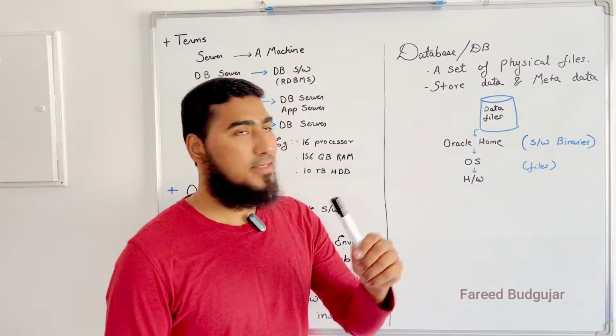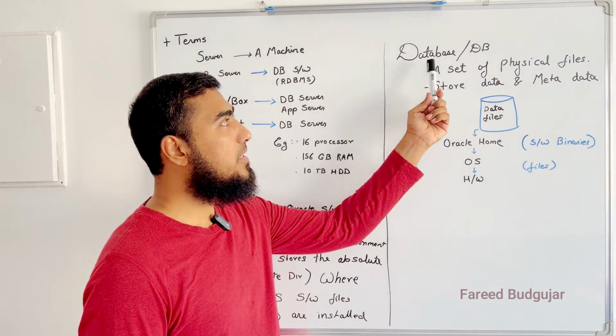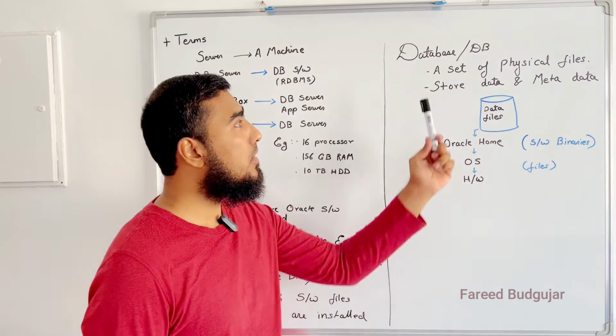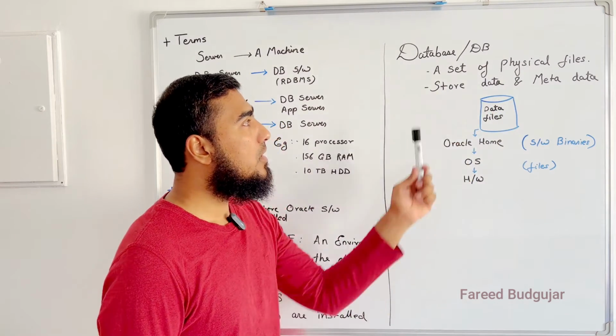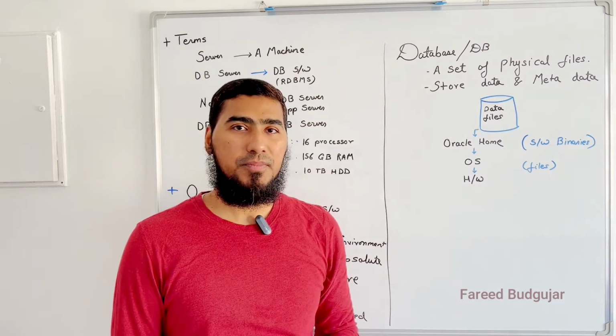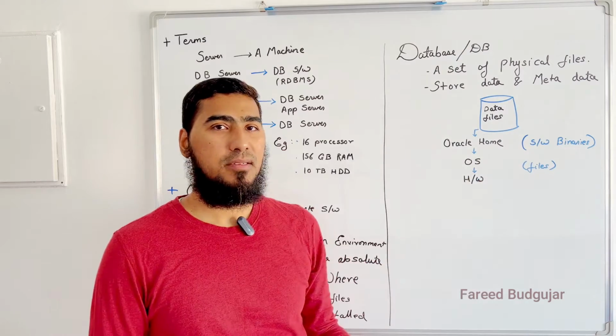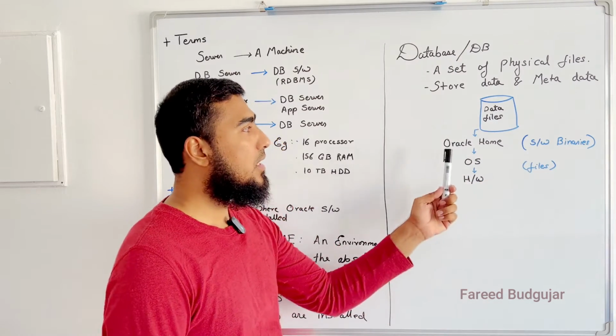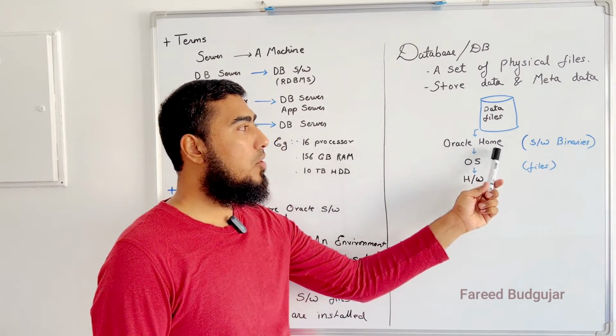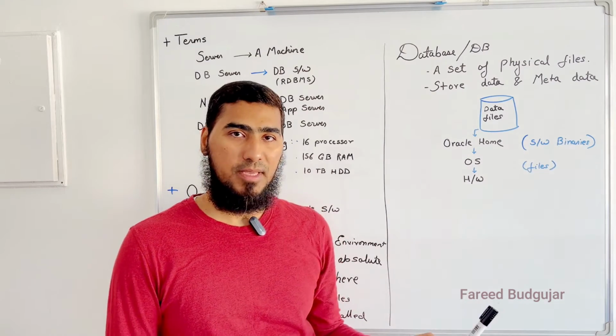Now, let us understand: Database or DB refer to the same thing. A set of physical files that store data and metadata. From the diagram we will understand. Let's say this is a database which has data files. It also has Oracle Home, that is the software binaries of RDBMS.